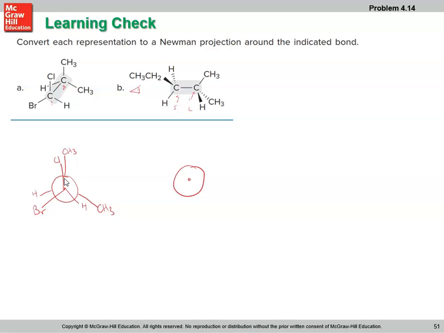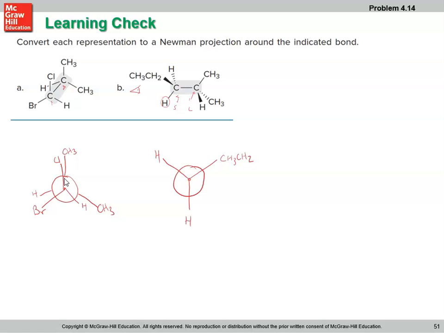So I'm going to draw this out this way, and I'm going to write CH3, CH2. I have a hydrogen on the other side going to the left side, up and left. And then I have another hydrogen coming down from the middle here, right?